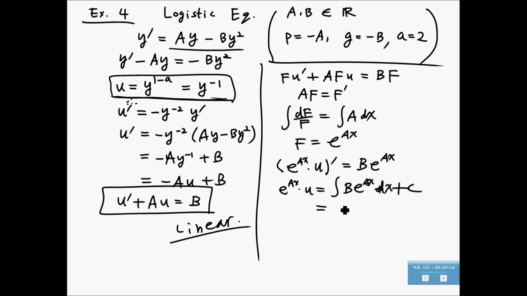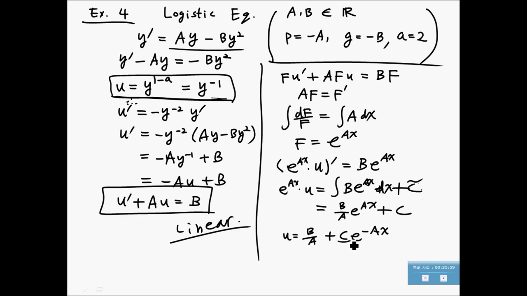So integration of this is b over a e to the ax plus c. When I mixed it up with the integrating factor, it really embeds at the end, so please correct me if you can. So u is b over a plus c times e to the minus ax. It's all embedded, the integrating factor is embedded into the last one.